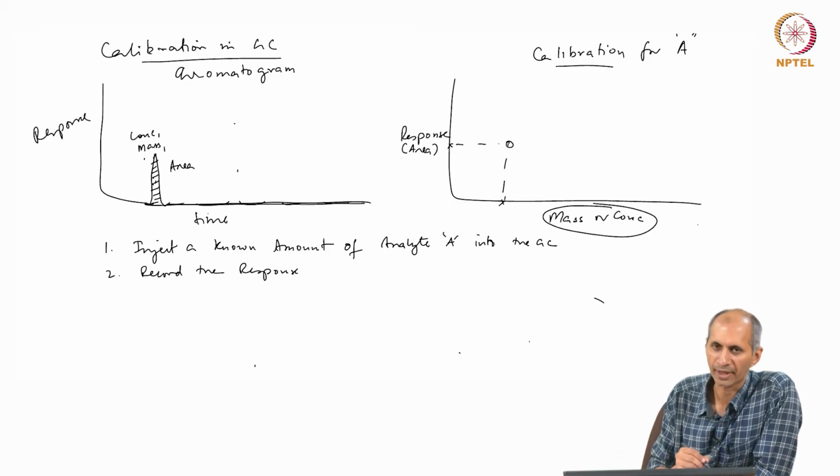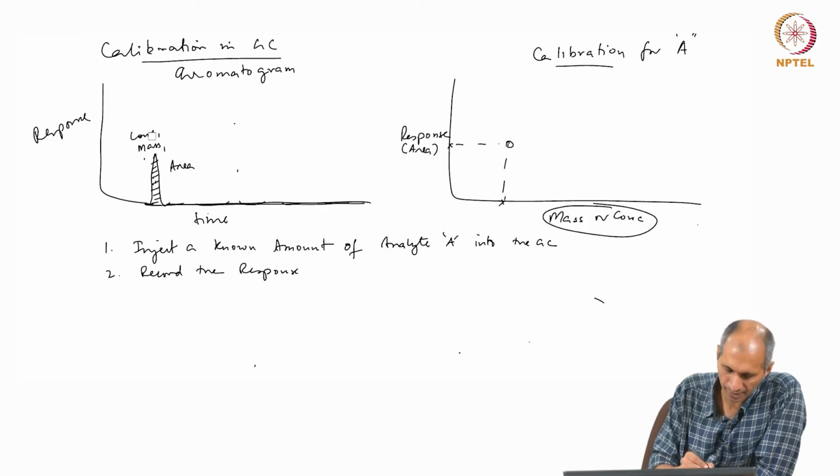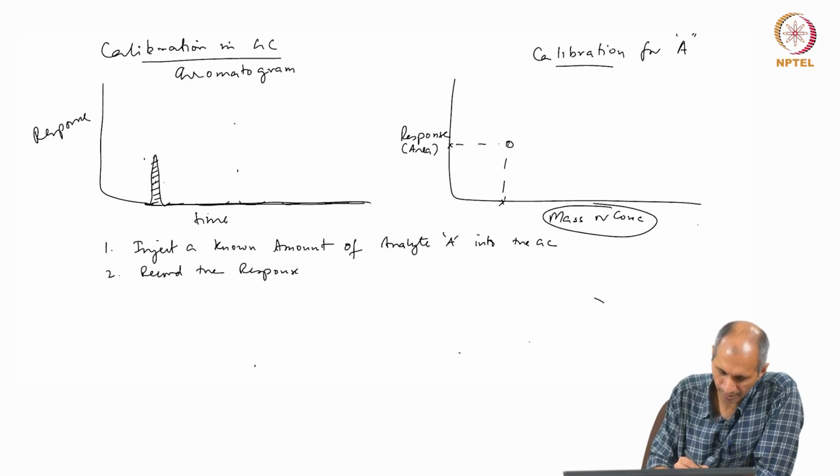I have one point in my calibration. Then I inject another one, so I get another chromatogram. Let us draw this. This is level 1. Then I will draw another chromatogram. In the same place I inject another sample, I will get another one. Let us call it this blue thing. This is level 2. Then I inject the third one.